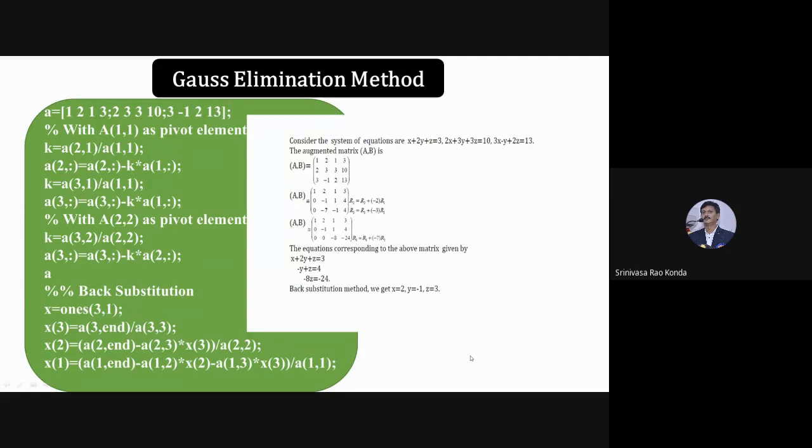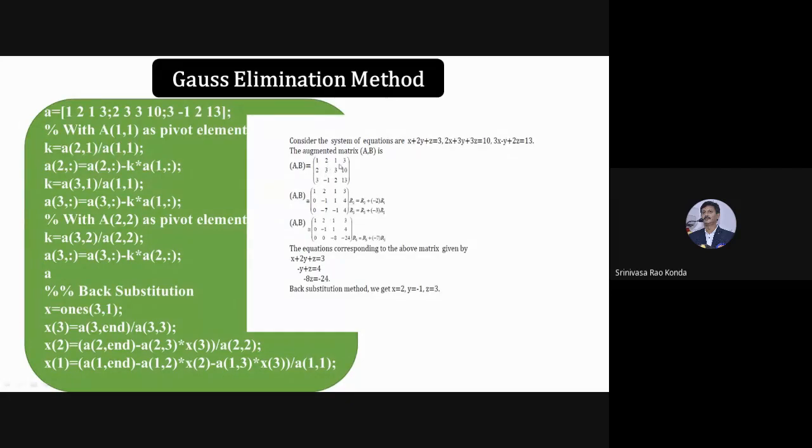In the Gauss elimination method, we convert the given matrix into an upper triangular matrix, and then we do the back substitution. Then we'll get the x, y, z values. We do all these things with the help of MATLAB commands.